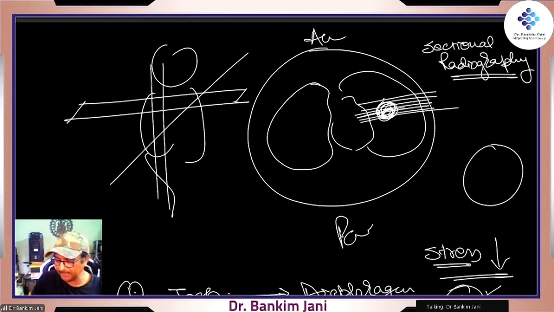If this is the head and that's the nose, from the top, when it cuts like this, that is called the coronal plane. When it goes like this, it divides the body into right and left, and that is called the sagittal plane.